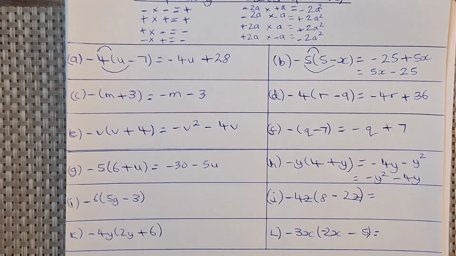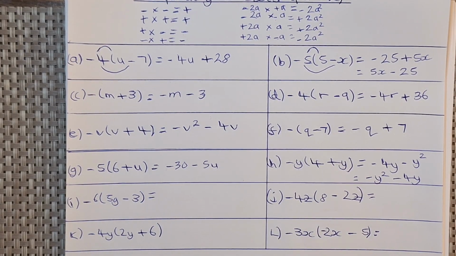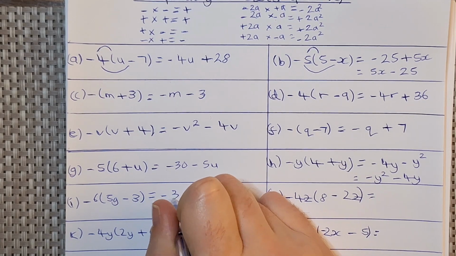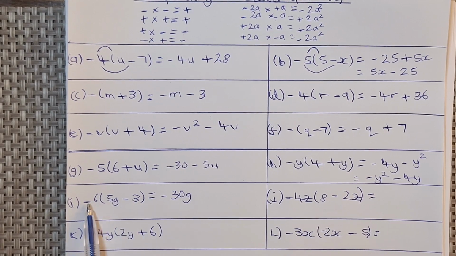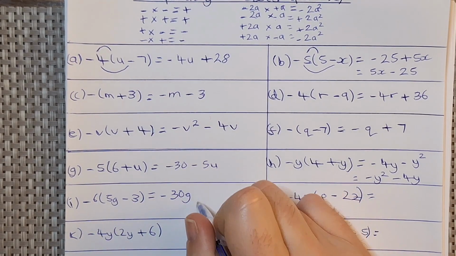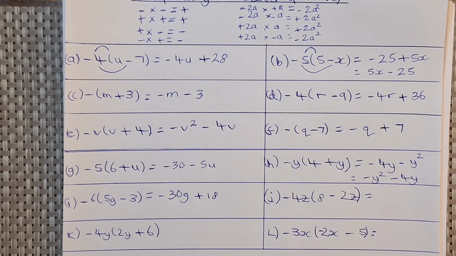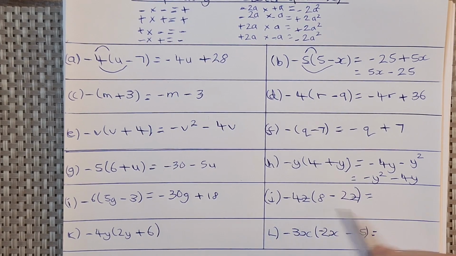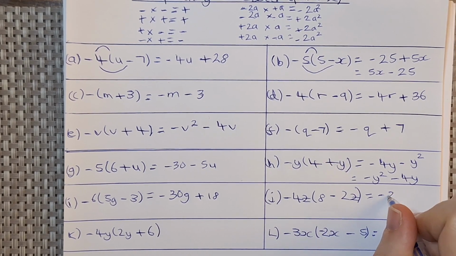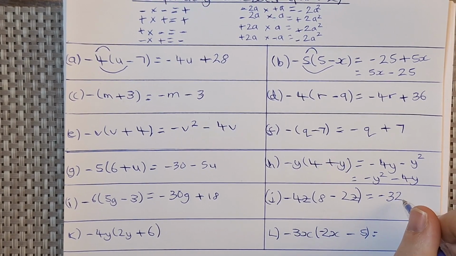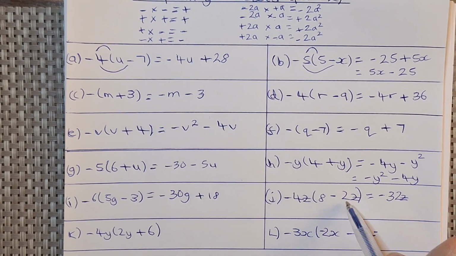And on this question, I've got minus 6 times 5g, which is minus 30g. And minus 6 times minus 3, a minus times a minus, is positive, so positive 18. And we have here minus 4z times 8, which is minus 32z. And we've got minus 4z times minus 2z.